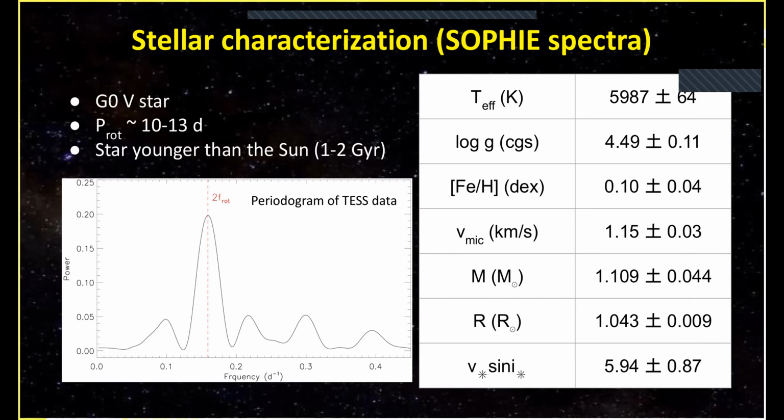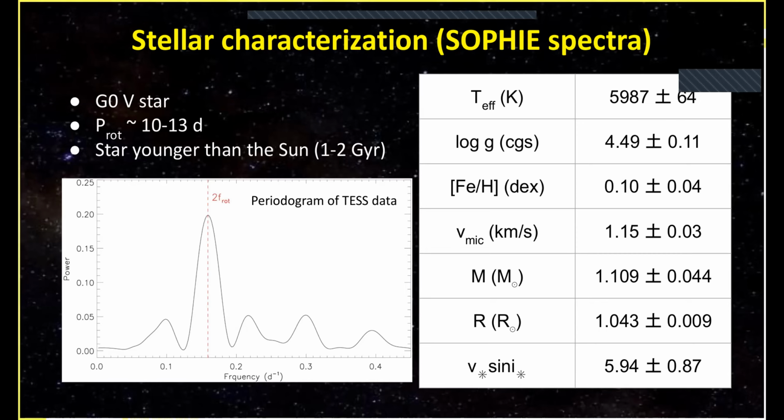The period of rotation was a bit of a debate at the beginning, but it is around 10-13 days, because we see patterns in the TESS light curve at about 6.5 days, but they repeat themselves only after 12 days. So it means there are probably spots one behind the other in the same hemisphere.